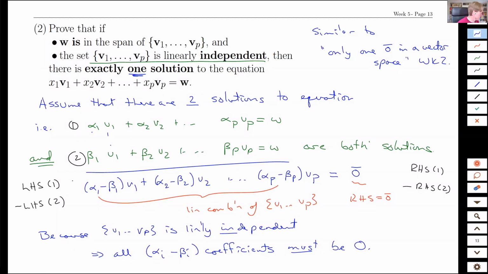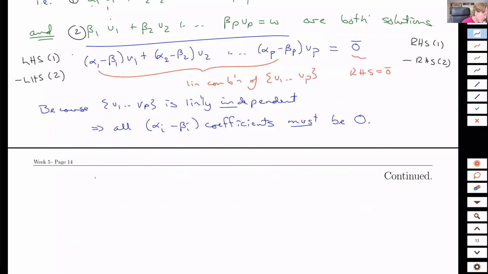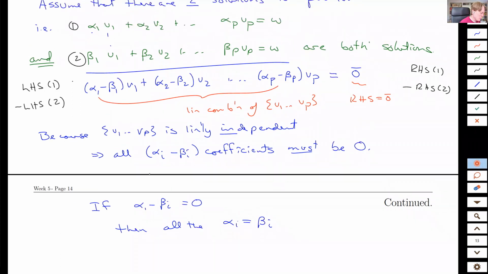Well, that means, as a nice consequence, that if those alpha i minus beta i equal 0, then all the alpha i equal beta i. Oh, well, if that's the case, let's just take a look back up here. What was the difference between these alphas and the betas?